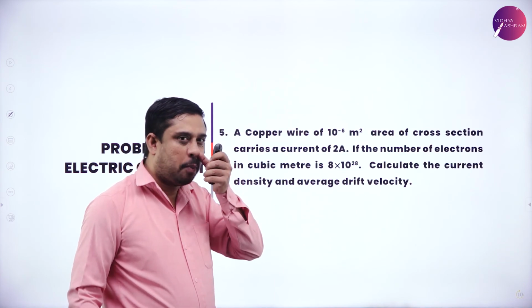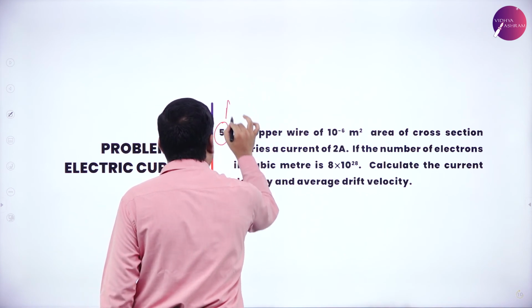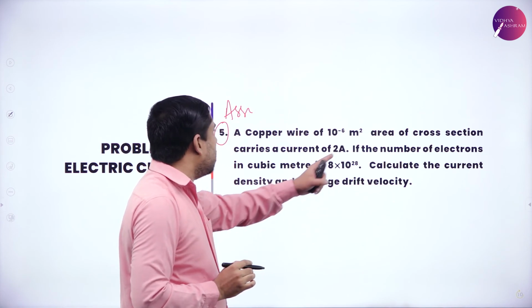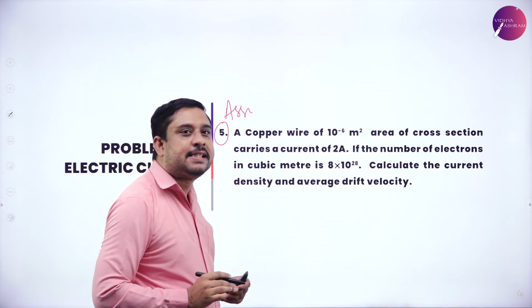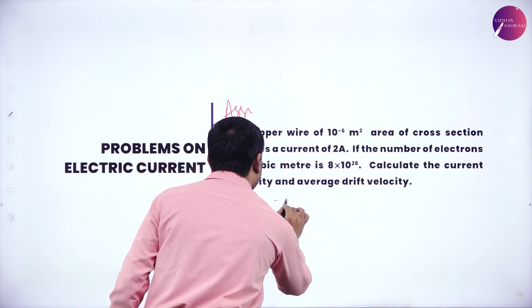And the last problem, this is an assignment for you all. I'll just give you the hint. You will have to find the current density and average drift velocity.